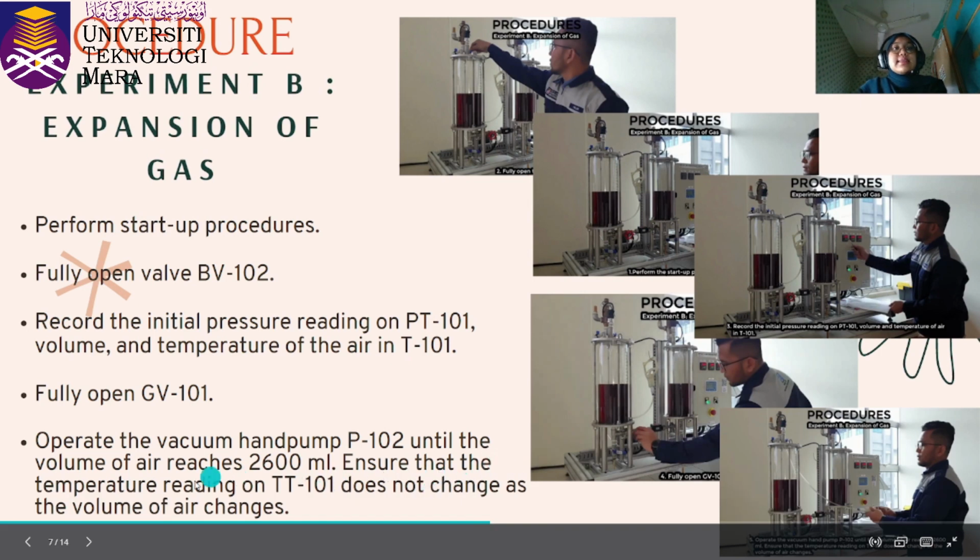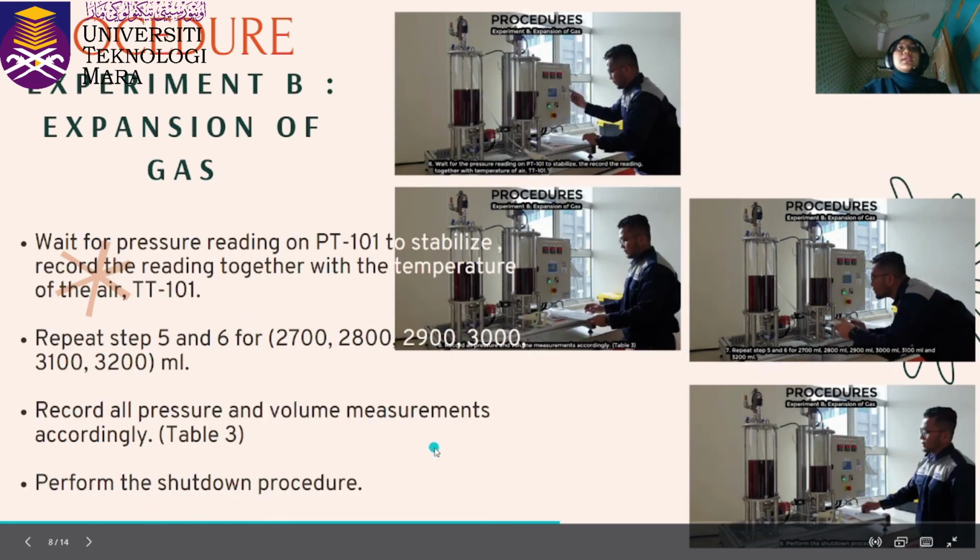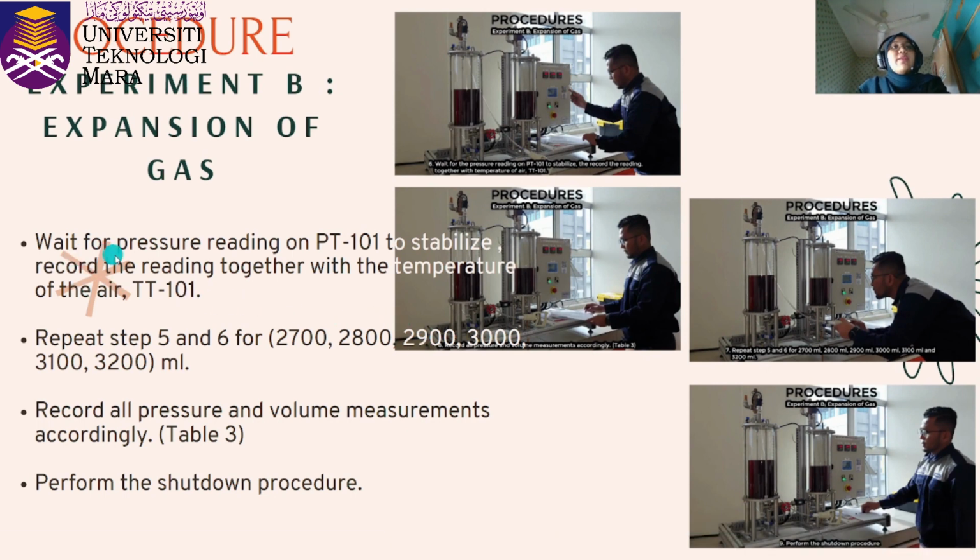Ensure that the temperature reading on TT101 does not change as the volume of the air changes. Next, wait for the pressure reading on PT101 to stabilize. Record the reading together with the temperature of the air TT101.